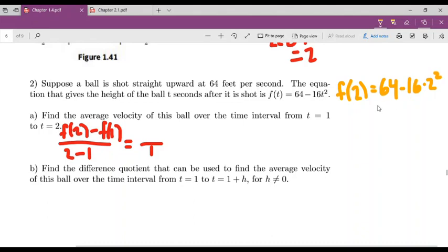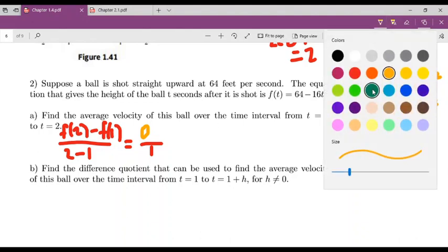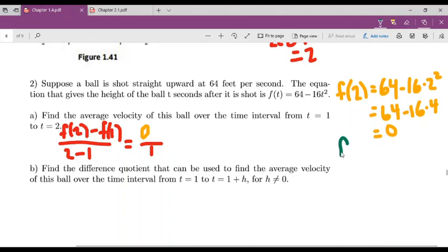Now 2 squared is 4, right? 4 times 16 is actually 64. 64 minus 64 is simply 0. You can double check me if you want to. So f of 2 is 0. Need to go on ahead and find f of 1 as well.